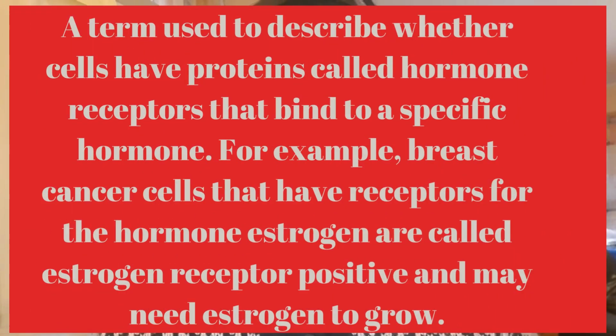So what exactly is hormone receptor status and why is it important? Hormone receptor status refers to whether or not cancer cells have receptors of some particular hormones in your body.